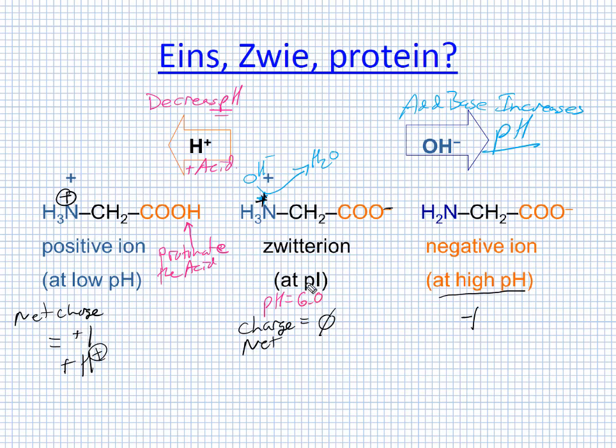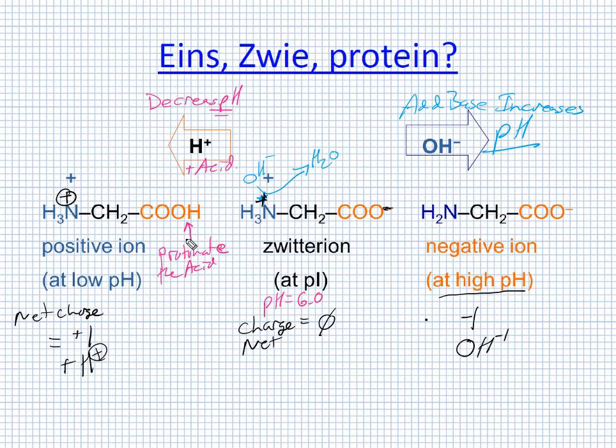At the isoelectric point, it's neutral, right? No charge. The positive and negative cancel each other out. And at a high pH, well, how do we get to a high pH? We added hydroxide ions, right? The hydroxide ion has a -1 charge. So hopefully that reminds you of what's going on with the isoelectric point and the form of the amino acid at various pHs.